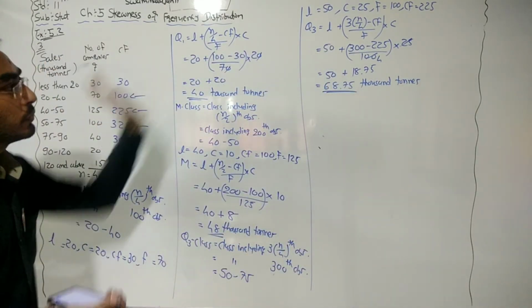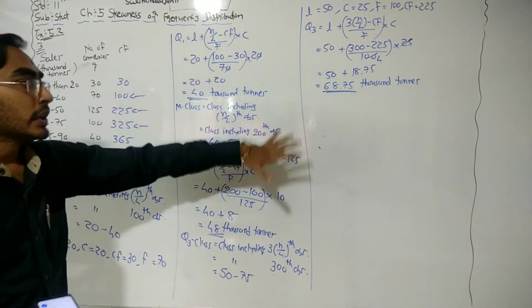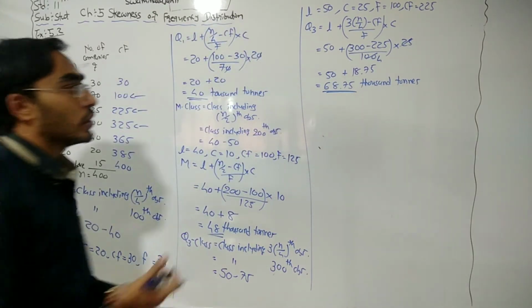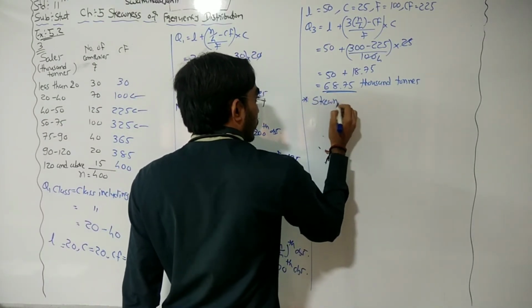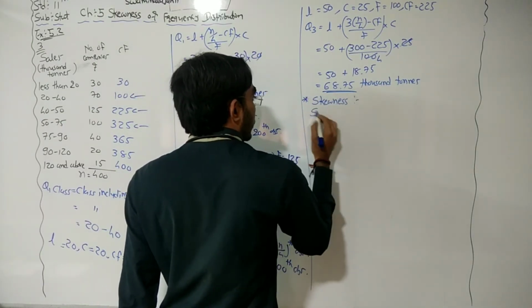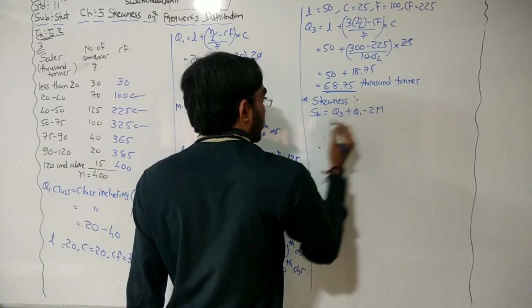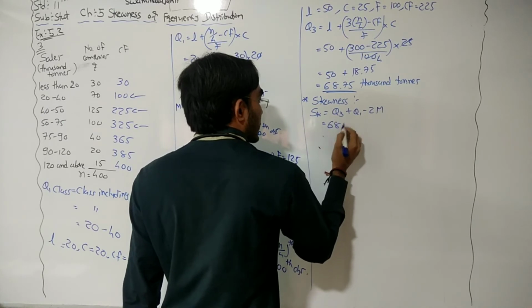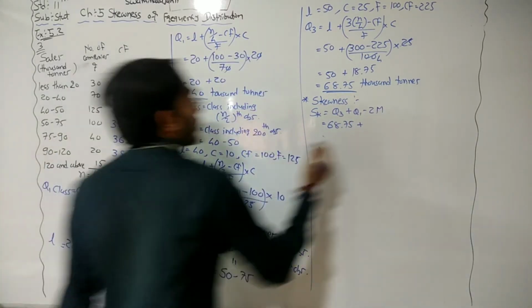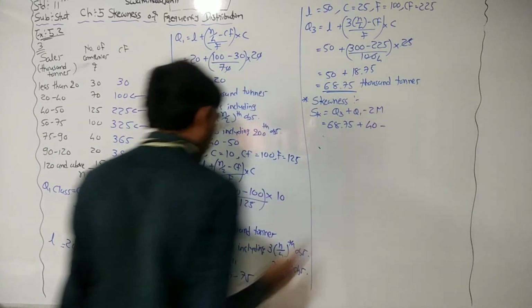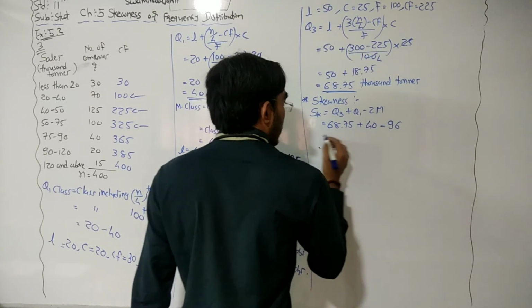So all three values we get here. Now after Q1, Q2 and Q3 we can find the skewness and coefficient of skewness. So here skewness Sk is equal to Q3 plus Q1 minus 2m. So Q3 68.75 plus Q1, it is 40, minus 2m, 48 into 2, 96.